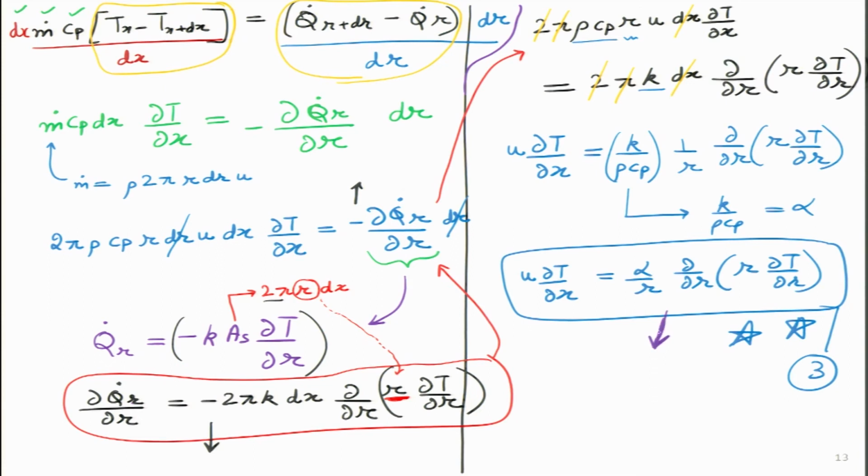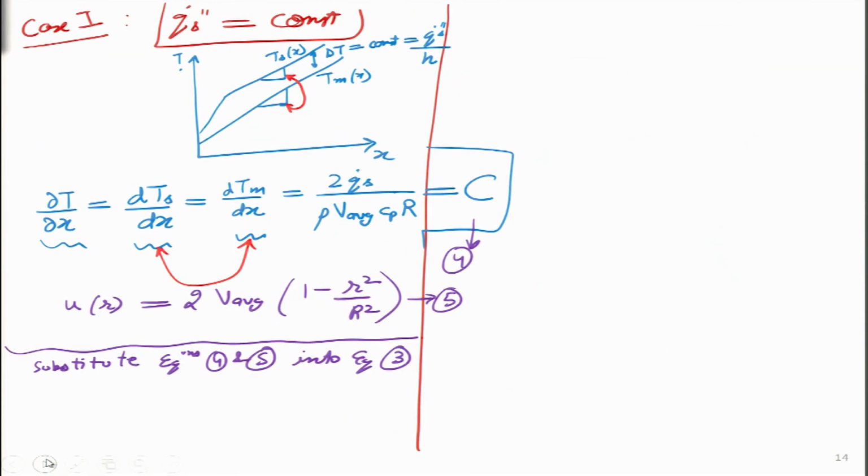This is what I am talking about. This equation was u del T by del x. So, equation number 3 was u del T by del x is equal to alpha by r, thermal diffusivity divided by r, and then we have a double differential with radius, del T by del r, temperature gradient along the radius.